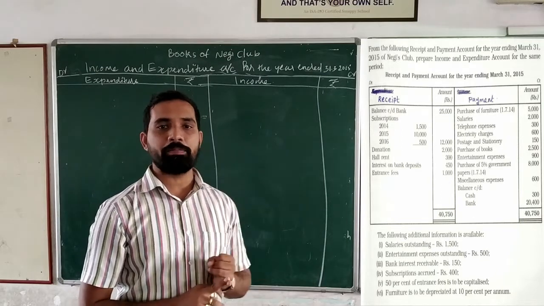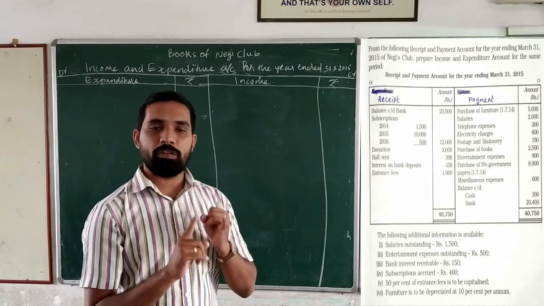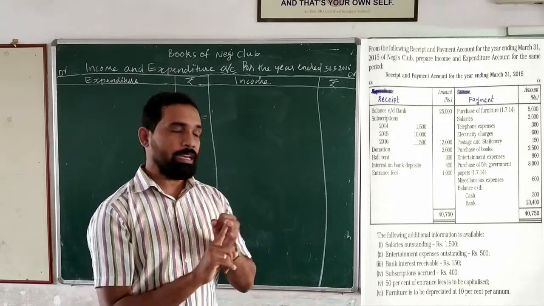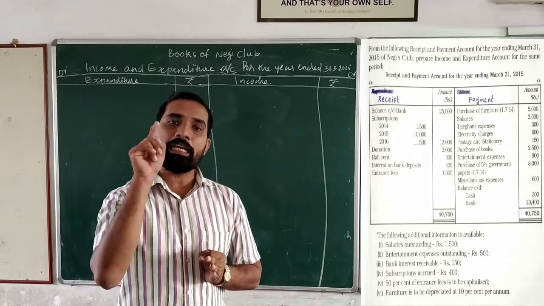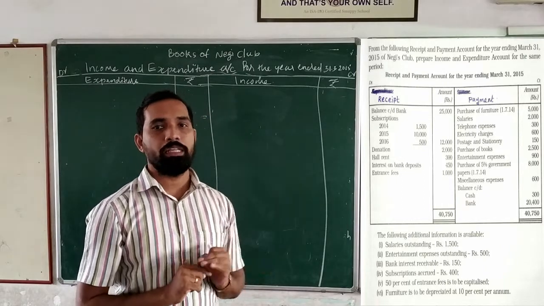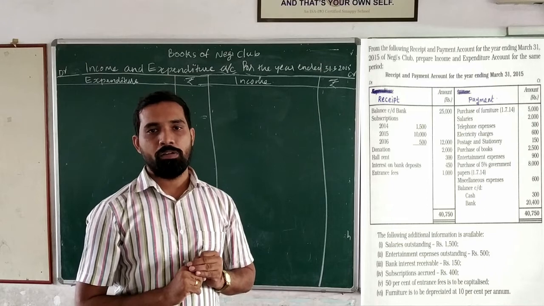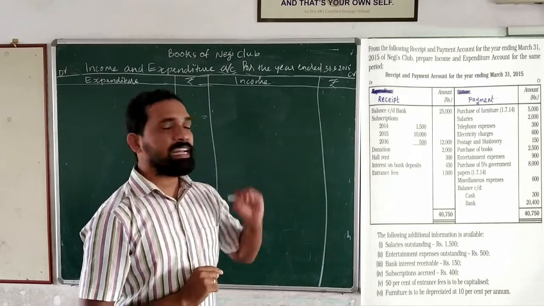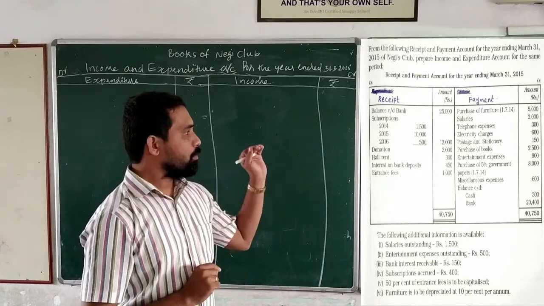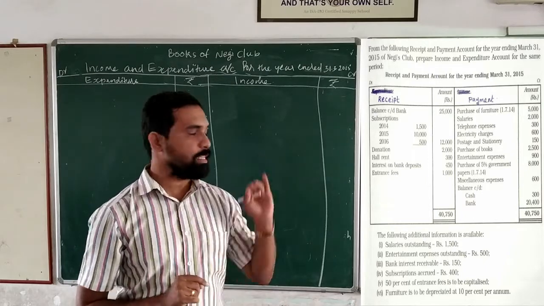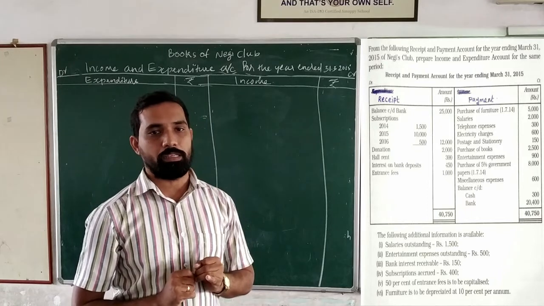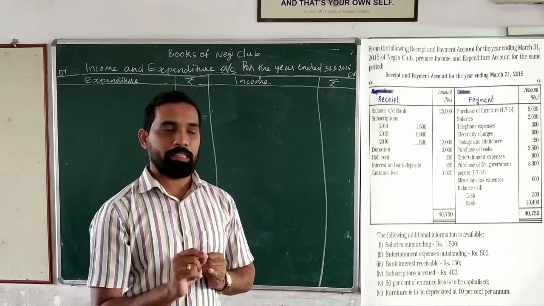In this subscription, they have given 2014, 2015 and 2016. We know that only current year items are shown in the income and expenditure account. So, which is the current year? 2015. For 2015, how much subscription? 10,000 rupees.